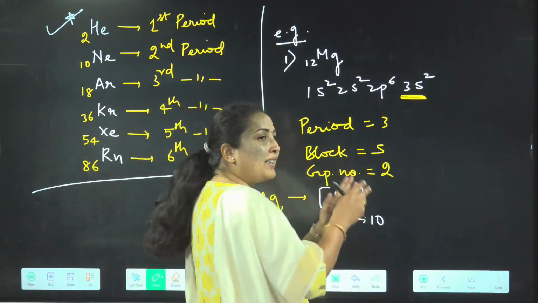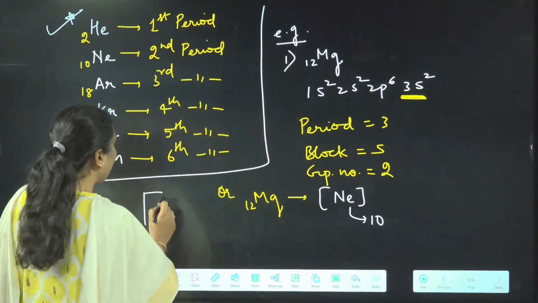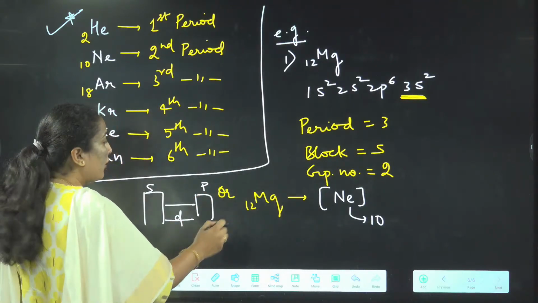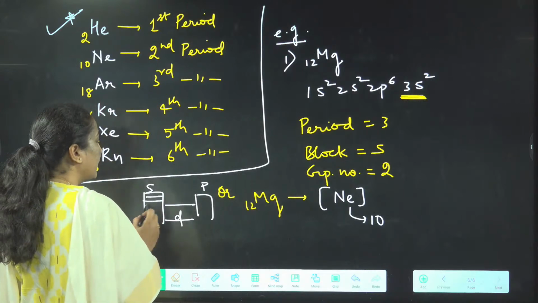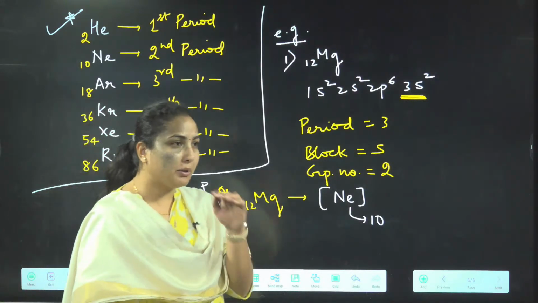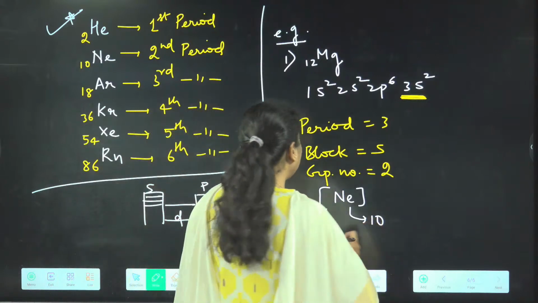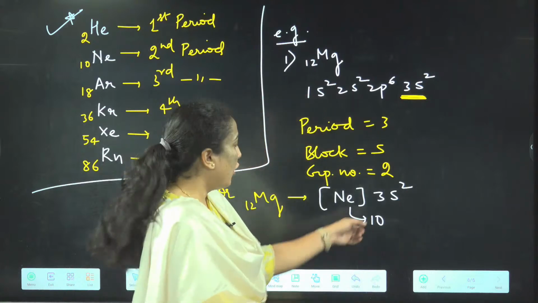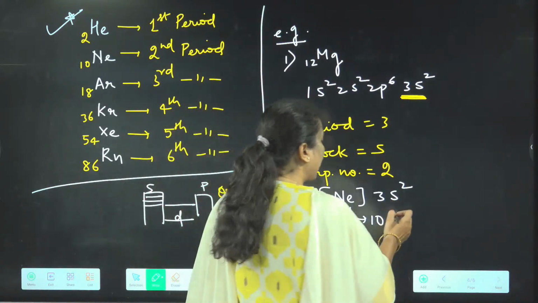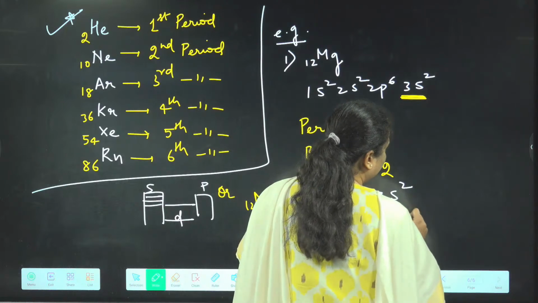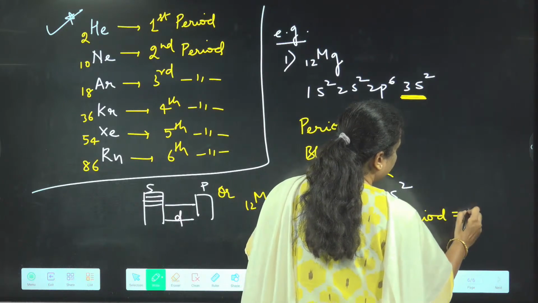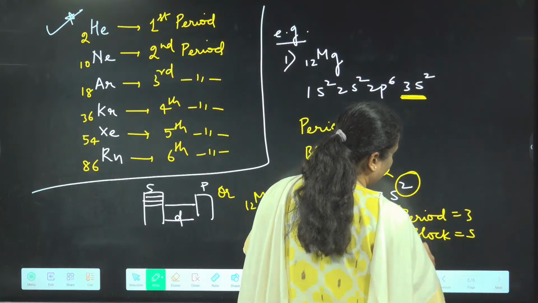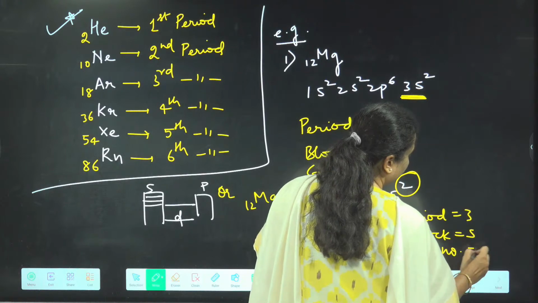In every period the periodic table begins with S, then it is P, and in between it is D. Now you already know for first, second and third, there is no D block element which comes in. So what we are going to write here is 3s2. Already 12 electrons done. So now you already got the period. Period is 3. Block is S. And how many electrons here? 2. So group number is 2.